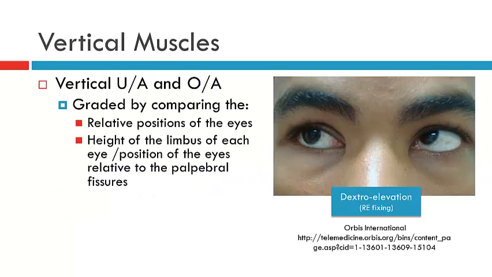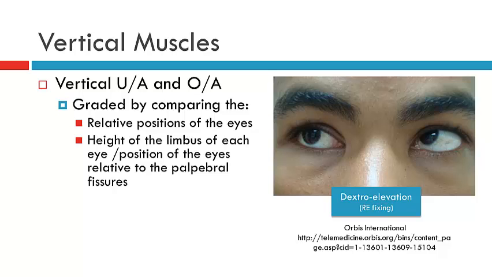Moving on now to vertical muscle underactions and overactions, we have a couple of other elements we can look at in determining whether there's an overaction or an underaction of the extraocular muscles. So we'll of course look at the relative positions of the eyes, but now we can also look at the height of the limbus of each eye and the position of the eyes relative to the palpebral fissures.